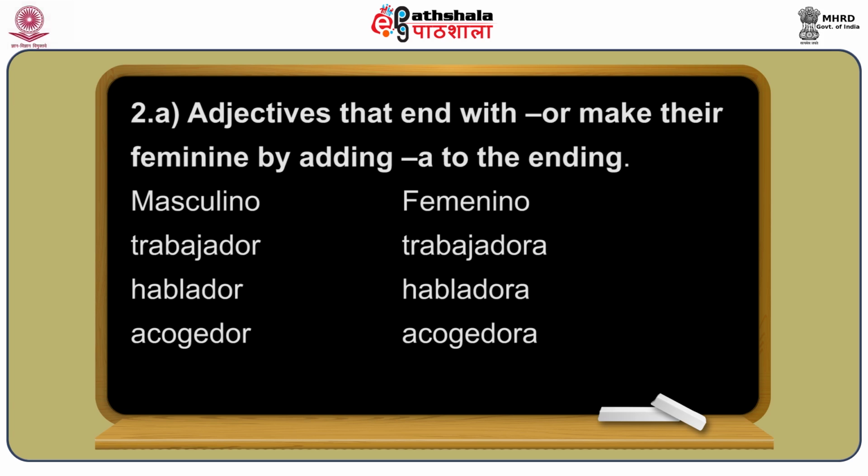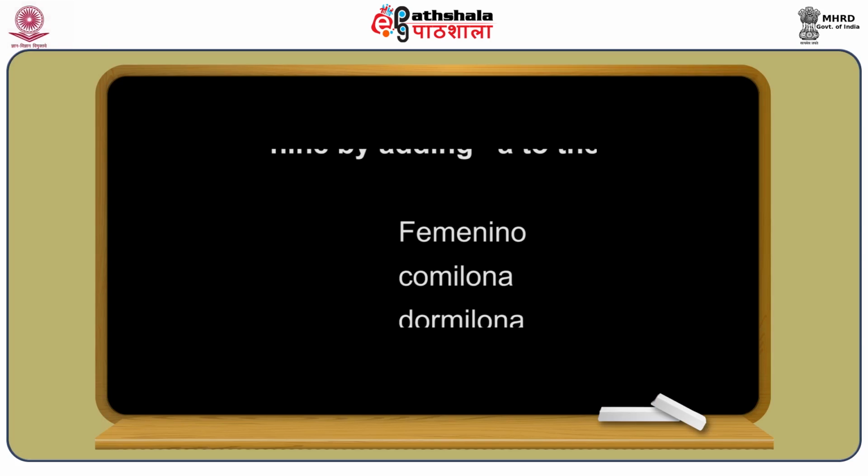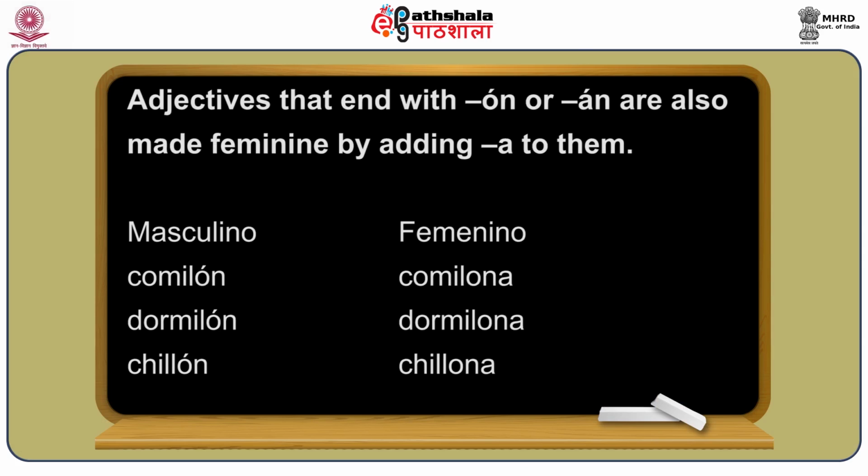Adjectives that end with on or an are also made feminine by adding a to them. The ending on or an is commonly used for insults since it means too much.